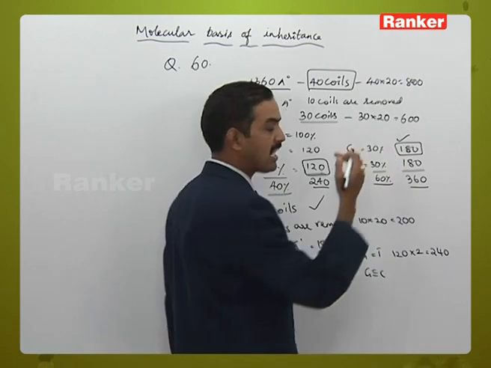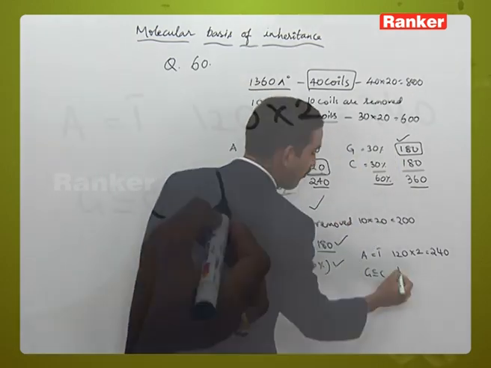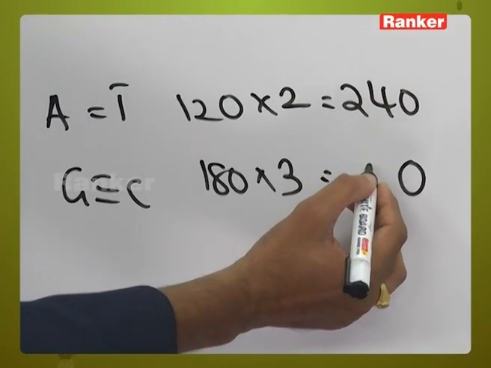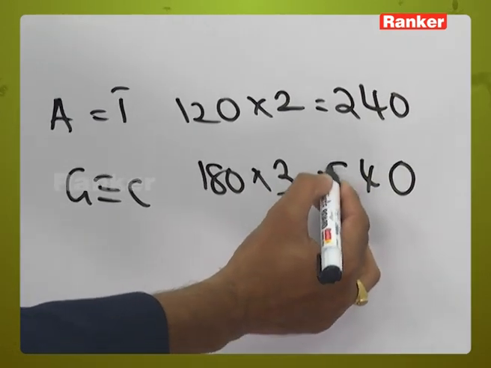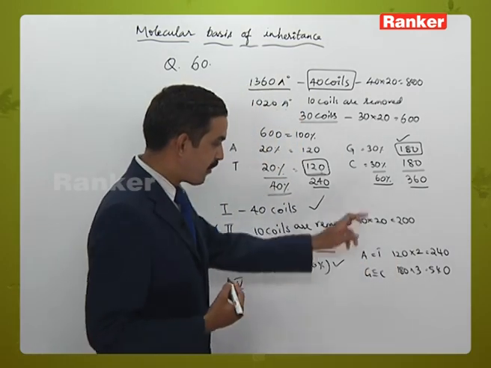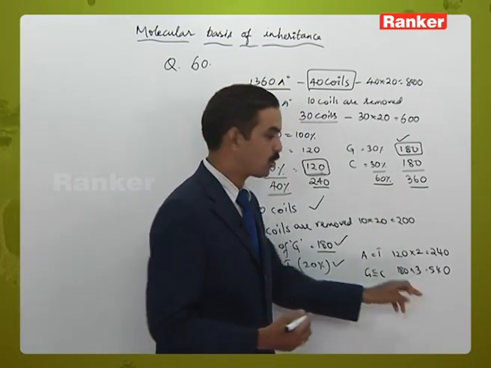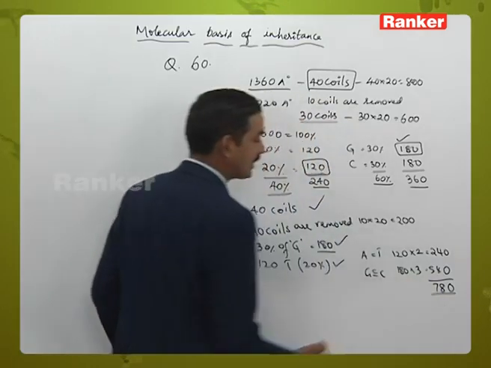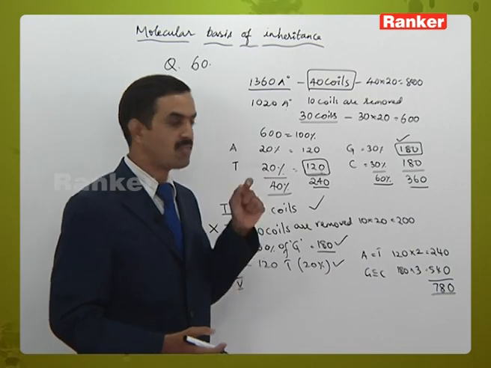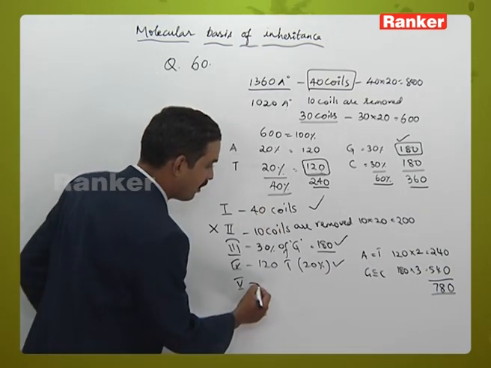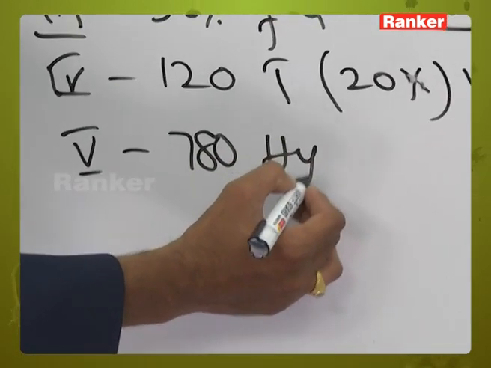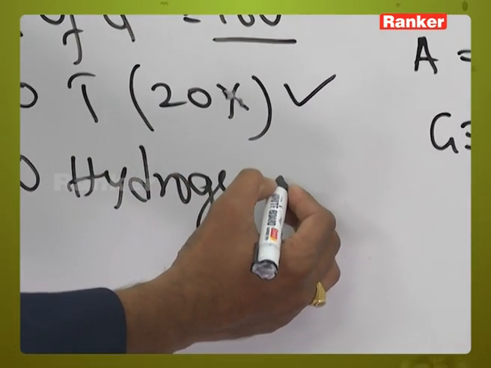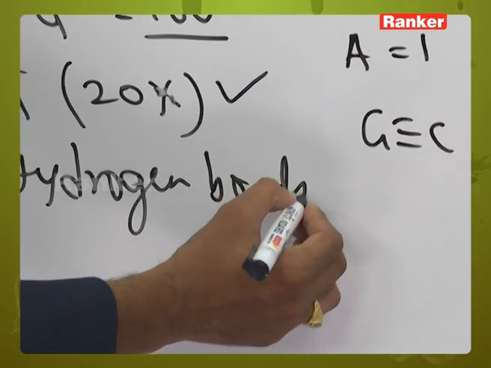So 180 into 3 hydrogen bonds between them comes to 540. If we add the total number here, it comes to 780. So the total number of hydrogen bonds present in the experimented material is 780. In the given option it is 780 hydrogen bonds, so that is also correct.